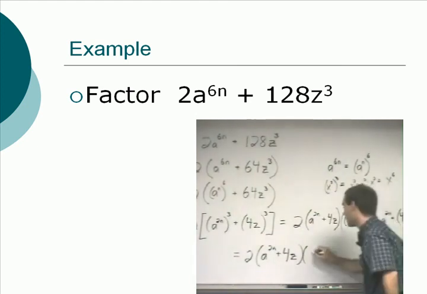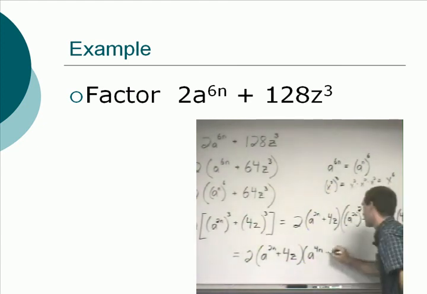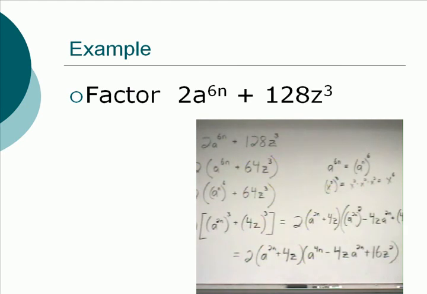A to the 4n, good. Minus 4z a to the 2n. And the last one is plus 16z squared. And that one's done. That's factored.